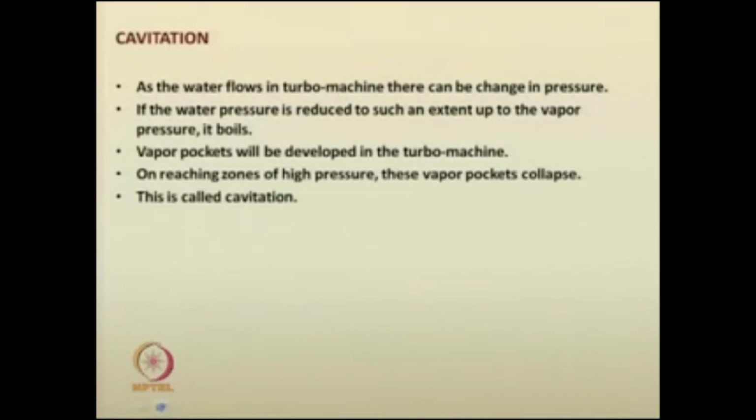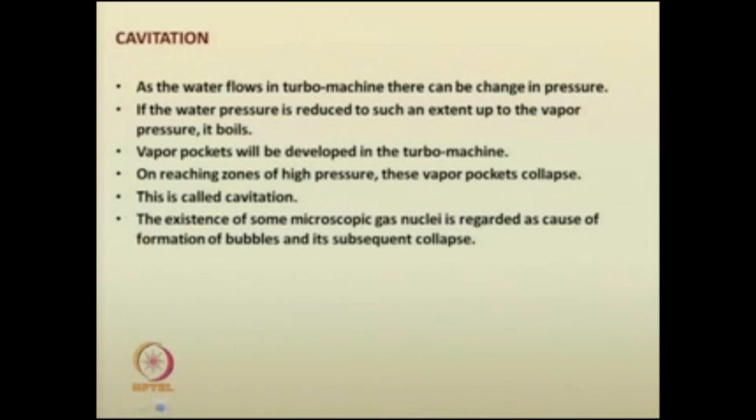When they reach locations of high pressure, they collapse. They hit at high intensity on the solid surfaces, the impeller blades and so on. This particular process is called cavitation.